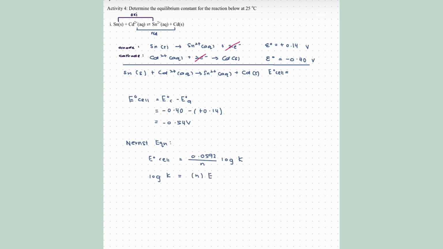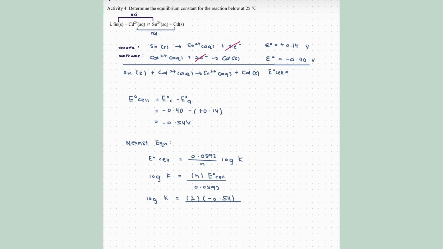Determine the anode and cathode, and then we need to find the E naught cell value, which is E naught cathode minus E naught anode, negative 0.14 minus negative 0.337, and then we get the value for E naught cell, 0.197 volt.